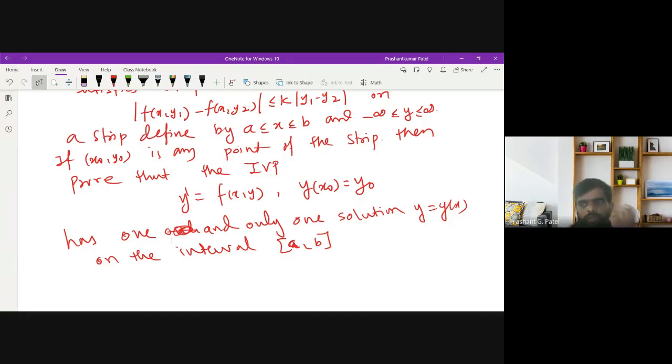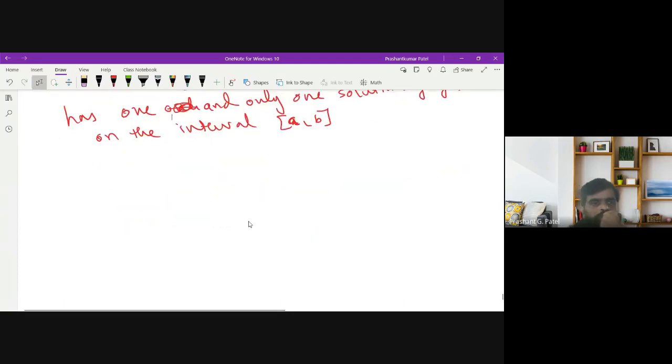So in particular we start the proof in the same way as the series which we have defined in the Picard's theorem.